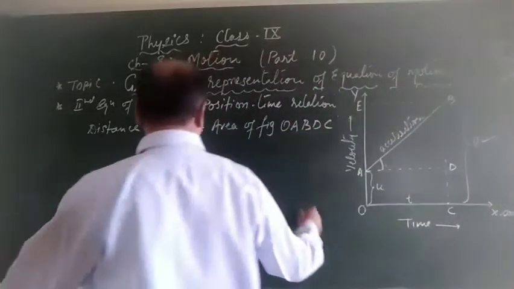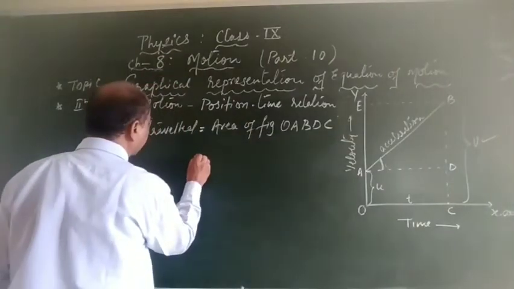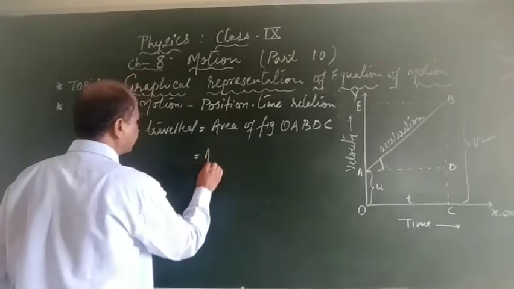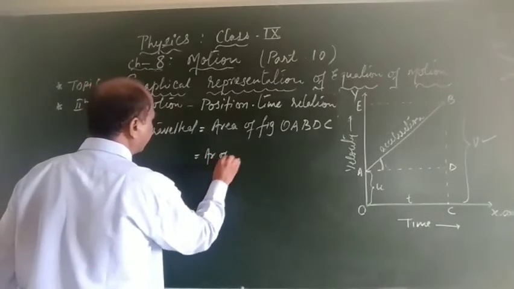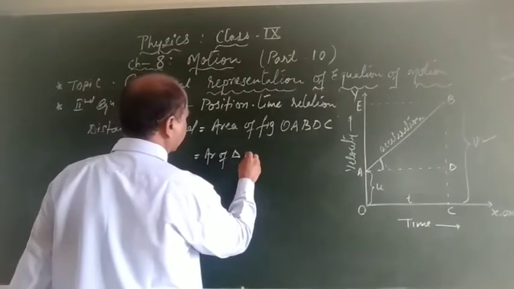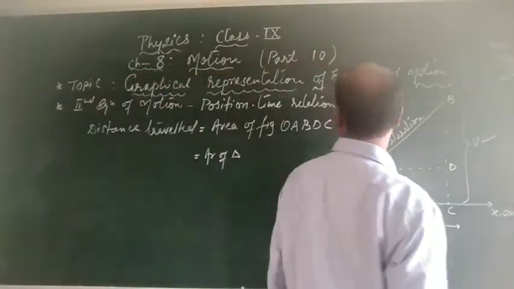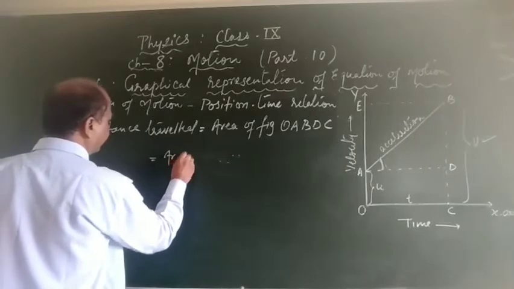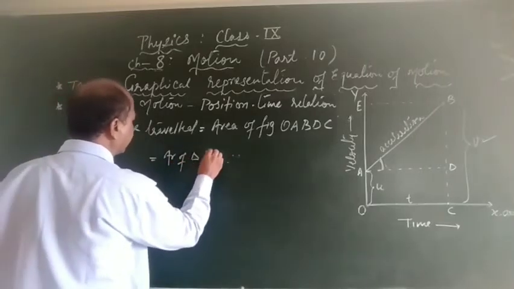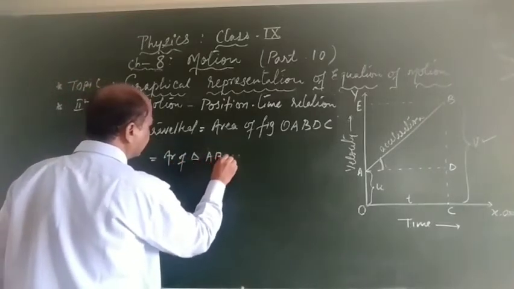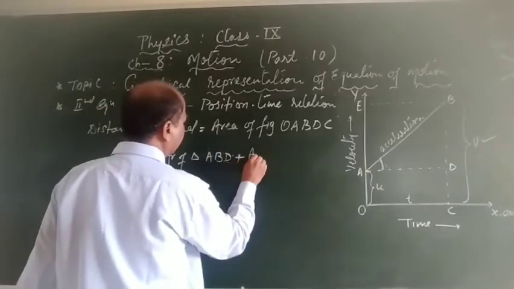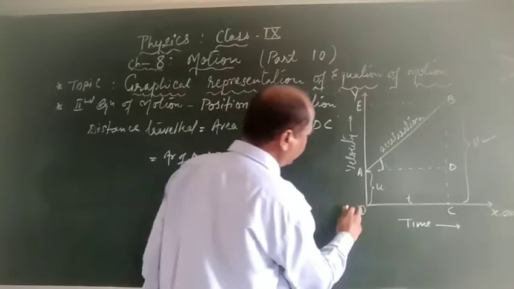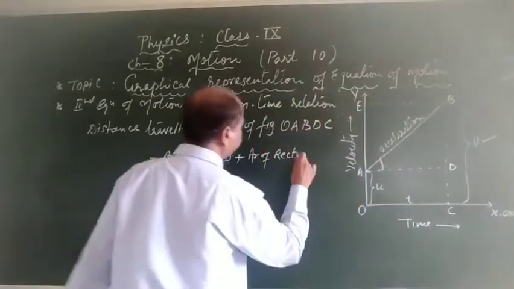I will separate these two figures. First I will write the area of the triangle ABD, plus the area of the rectangle. What is the name of the rectangle? OABC.